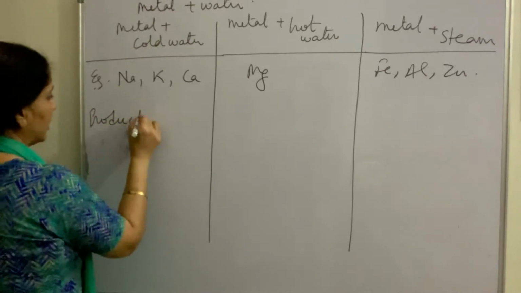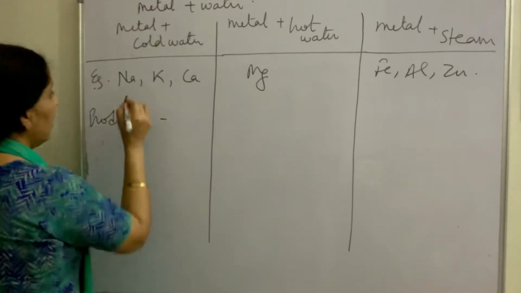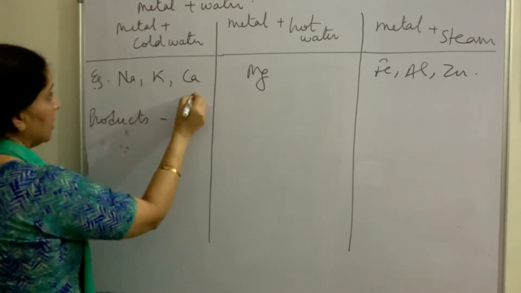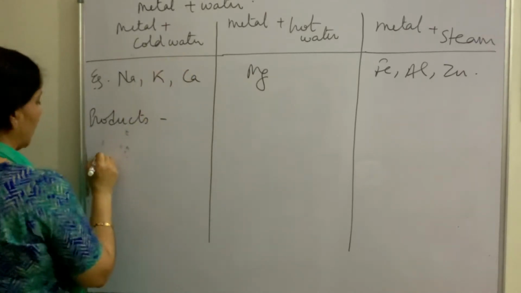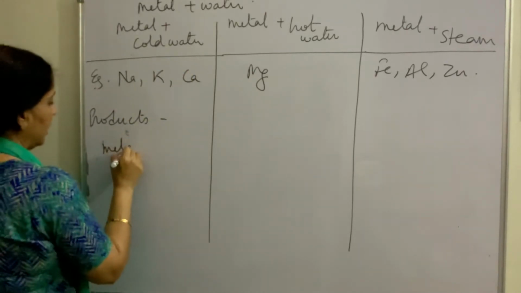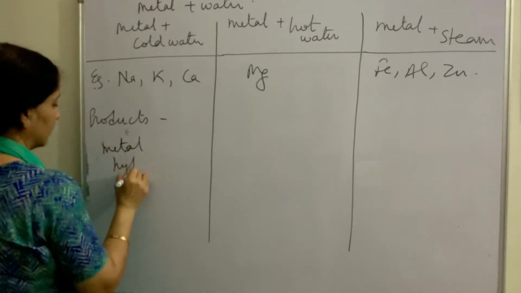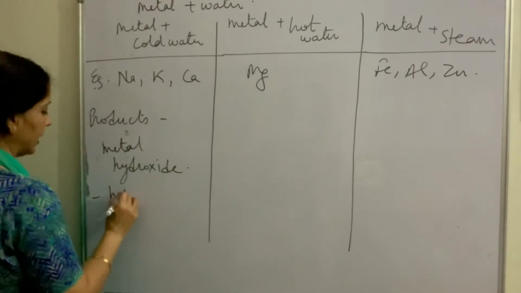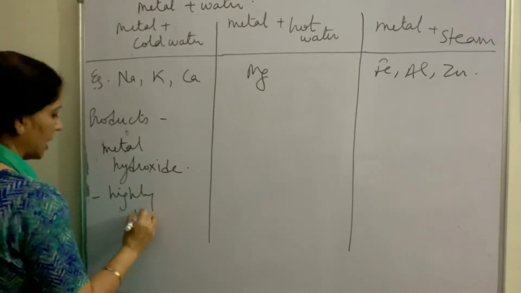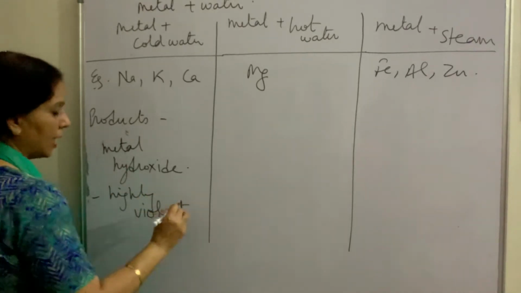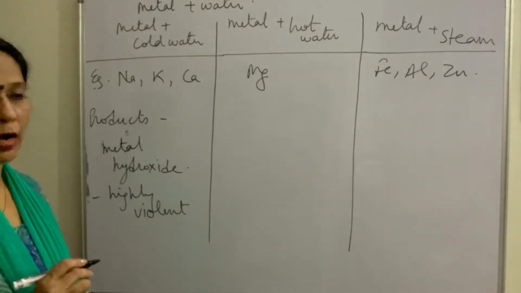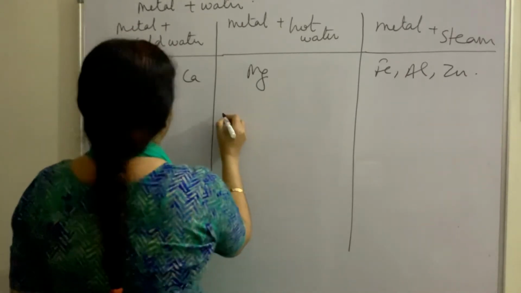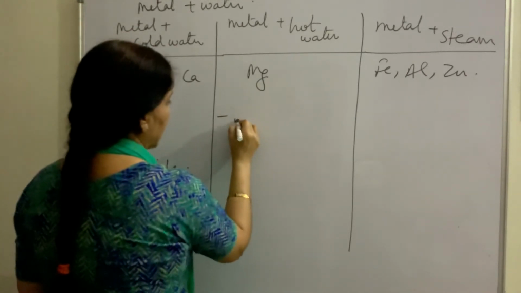When sodium, potassium, calcium react with cold water, they form metal hydroxide. And the reaction is highly violent. Highly violent means it releases large amount of energy.